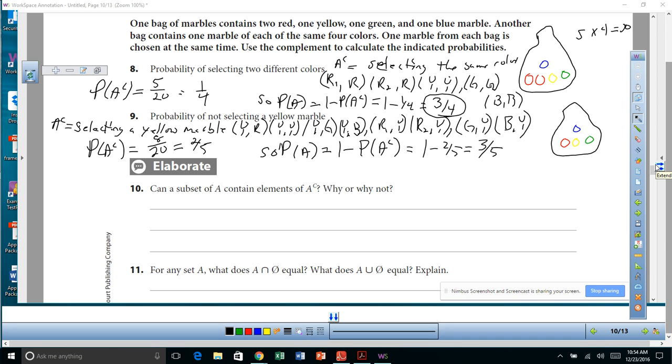Can a subset of A contain elements of the complement of A? Why? Well, no, it can't. Why?